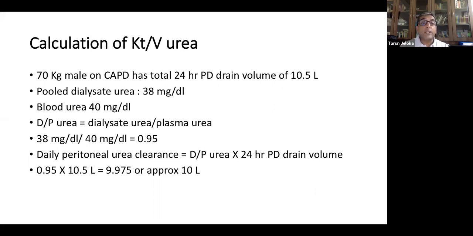And daily peritoneal urea clearance, how do you calculate it, depends upon the volume of the dialysate. So whatever the clearance is, D over P urea multiplied by total drain volume. So 0.95 multiplied by 10.5 liters drain is 9.975. For calculation's sake, let us presume it is 10 liters. So 10 liters is our Kt.